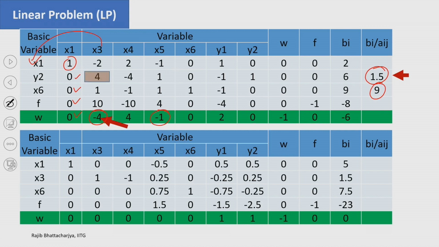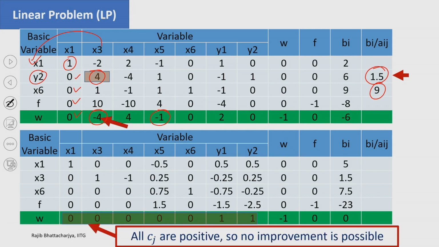Therefore, this is your pivoting element now. So, y 2 will be replaced by x 3. If I do that, what am I getting? Now x 1 is there, x 3 is there and x 6 is there, and y 1 and y 2 are not there in the basis.